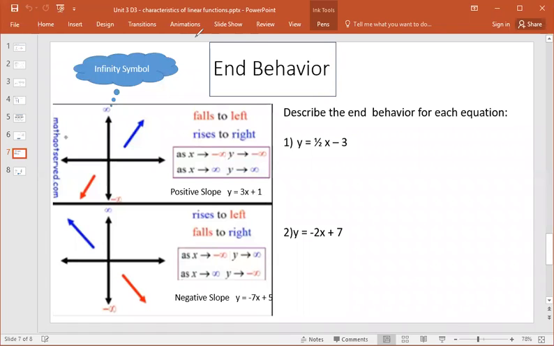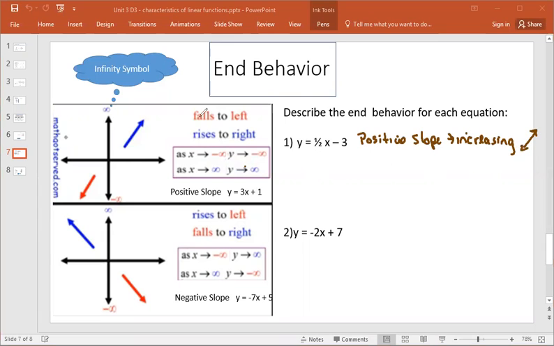Okay, so let's see if we can describe the end behavior up here for each of these questions. All right, now I look at number 1, y equals 1/2 x minus 3, and this is a positive slope. So we know that means that it's increasing. And I could even sketch what that looks like. I would know that this looks like a line doing this.